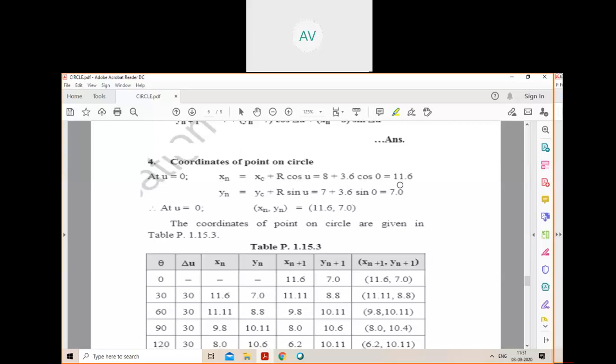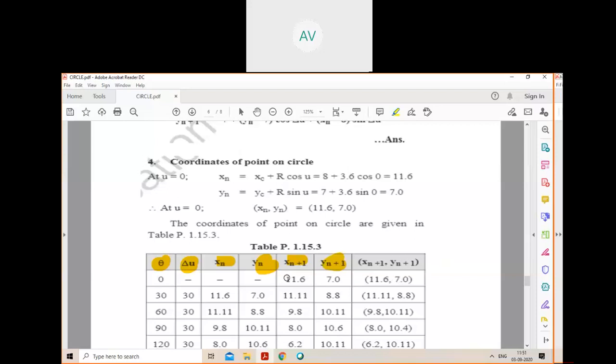Once we get the starting point, we will draw a table which will have theta, your incremental angle, xn, yn, and these will be the next points. Then again we are rewriting this over here.